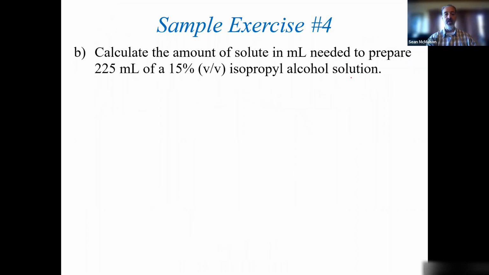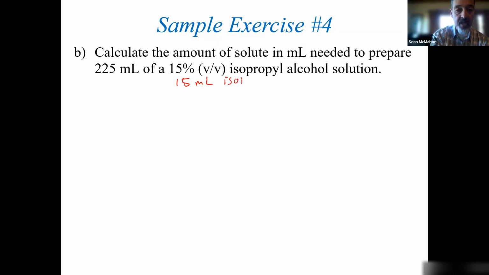Let's try another one. Let's use the percent as a conversion factor, like we did earlier with the mass percents. Calculate the amount of solute in milliliters needed to prepare 225 mL of a 15% isopropyl alcohol solution. So 15% means there's 15 milliliters of isopropyl alcohol.